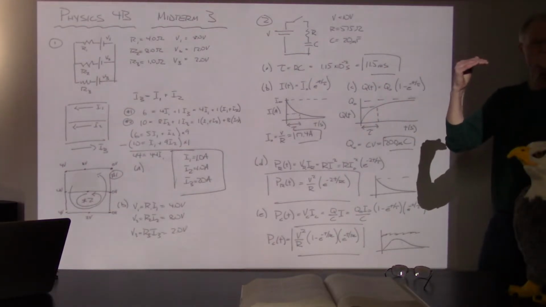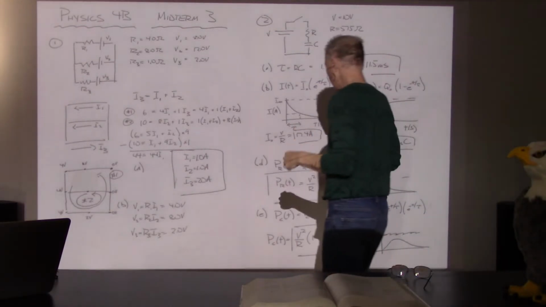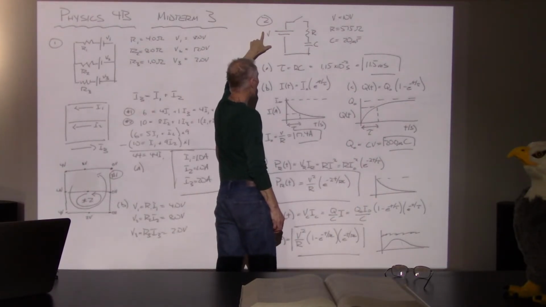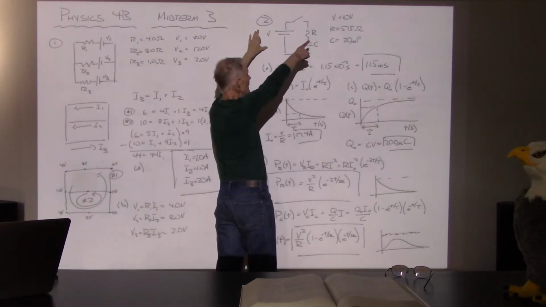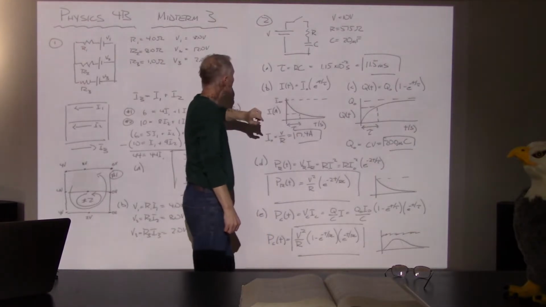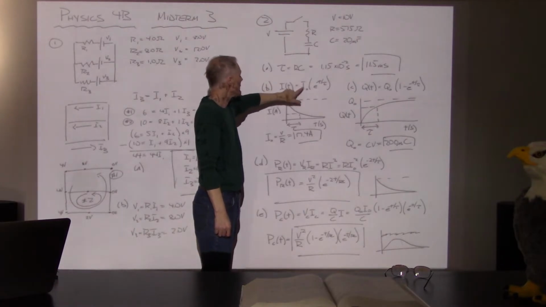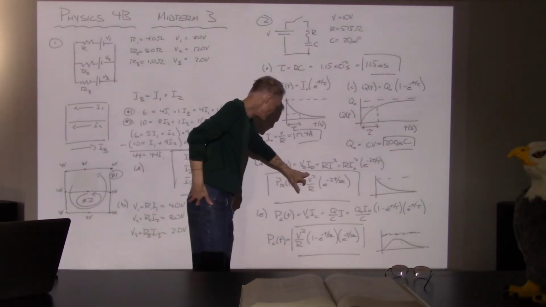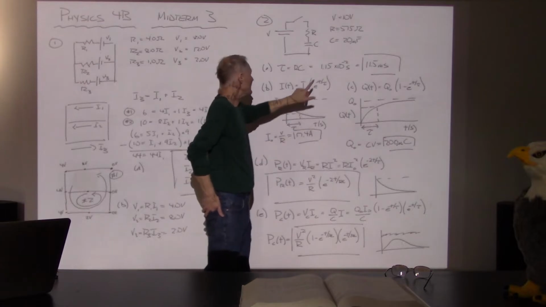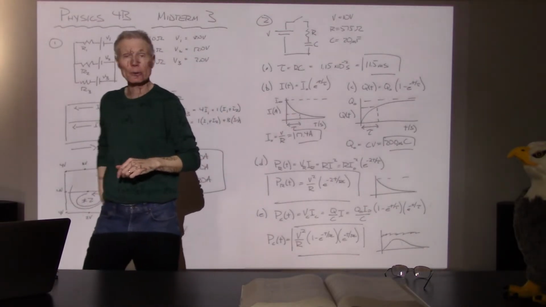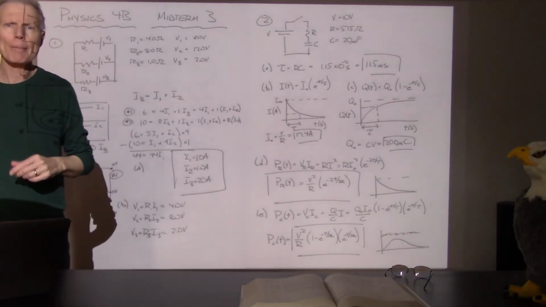So the voltage is fixed. That's not dropping off for the battery, but the current is. So for the battery, I just take a factor of V and multiply it by the current. I'm going to get V times I naught, which again is going to give me V squared over R. I'm going to get one factor of exponential drop-off for the battery. So that's what's going to happen.